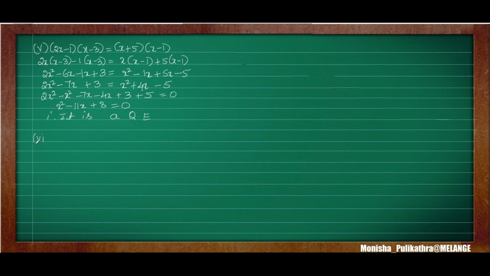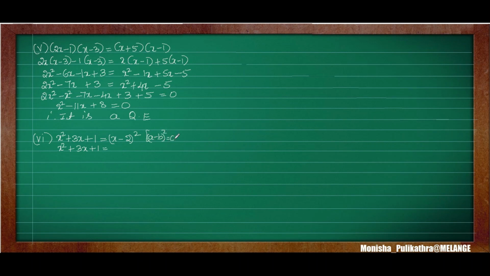So moving on to the sixth problem. The sixth problem is x square plus 3x plus 1 is equal to x minus 2 whole square. So this is in the form of the a minus b whole square formula.